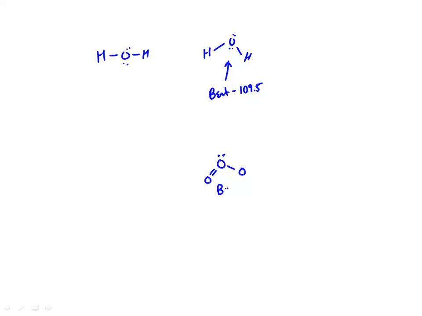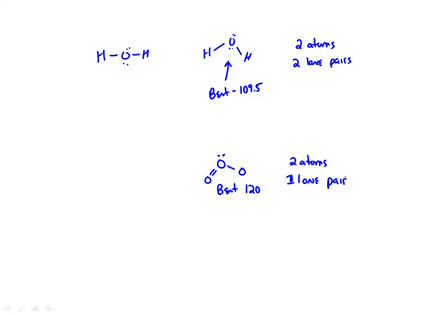This is our bent 120. So this has bonds to 2 atoms and 2 lone pairs. This goes to 2 atoms and 1 lone pair. And so you have to do a little bit of math and counting in order to differentiate them.